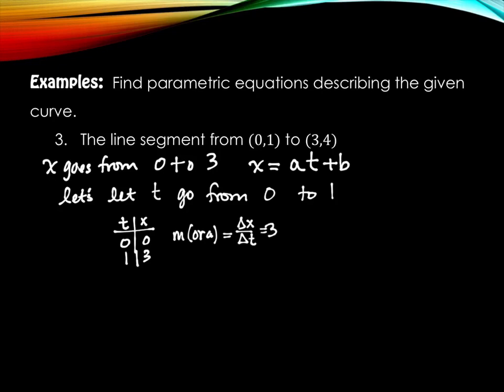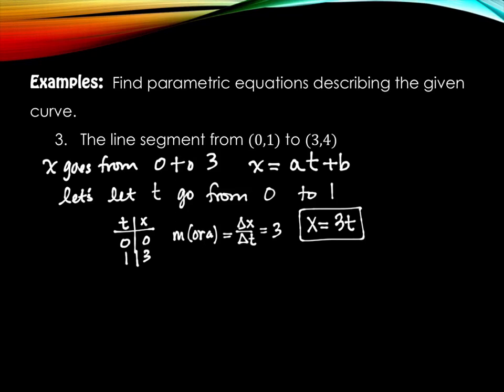It would be 3. If I went up 1 in t, I went up 3 in x. So this equation is x equals 3t. Okay, we did it for x.